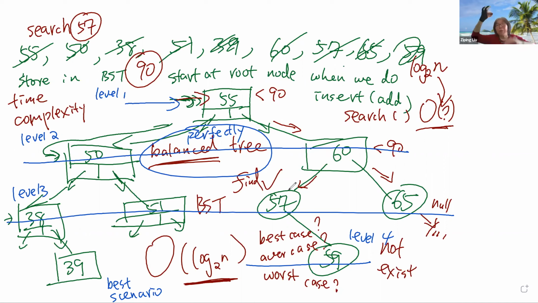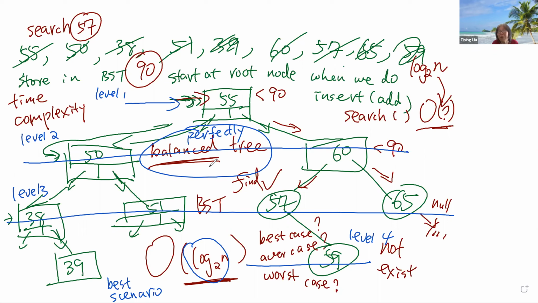Basically, how deep the tree can grow. Log 2n. Very good. The number of levels is log 2n. It's just how many times it can split by 2. It's a similar concept.